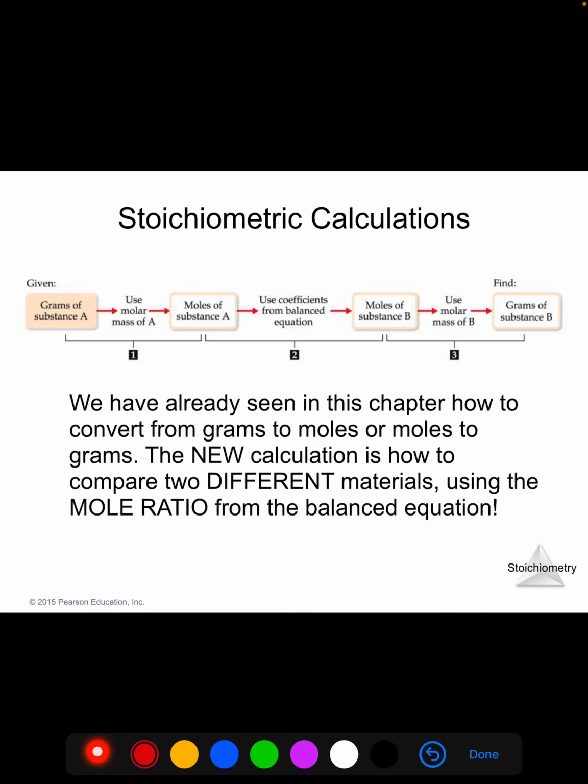Okay, so we need to convert from grams to moles or moles to grams. We'll practice that. But now, when we're working with this in the context of a balanced equation representing a chemical reaction, we need to consider mole ratios when we're calculating 3 things.